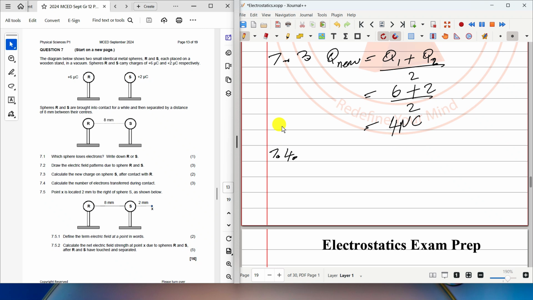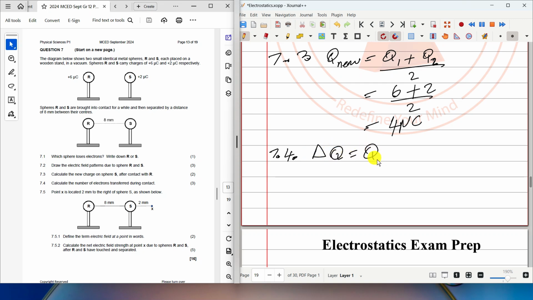7.4, calculate the number of electrons transferred during contact. You need to understand this. There is a change in the charge. So let's perhaps begin with the change in the charge.